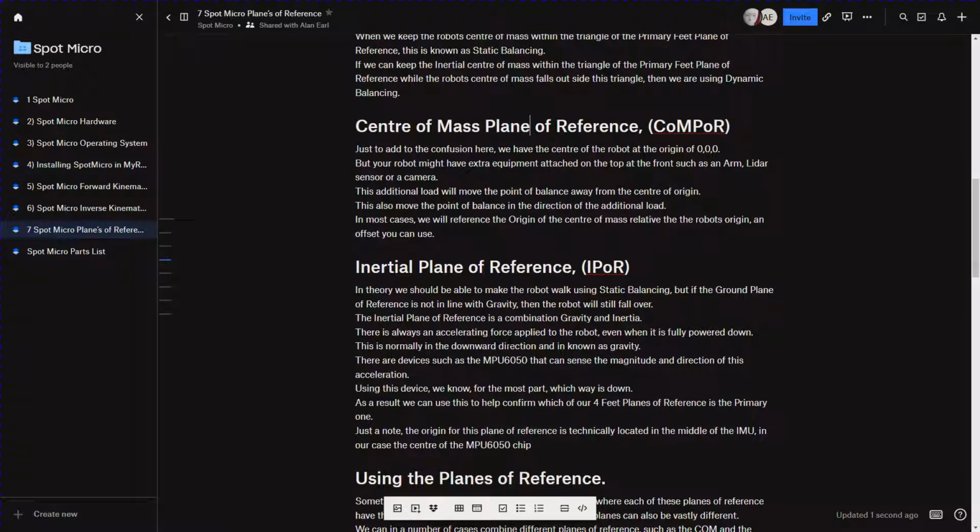The inertial plane of reference is another one altogether, and we get that from the inertial measurement unit known as an MPU 6050, which was installed into the robot in Part 3.